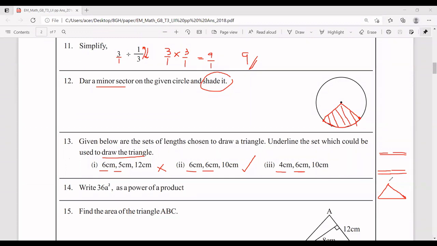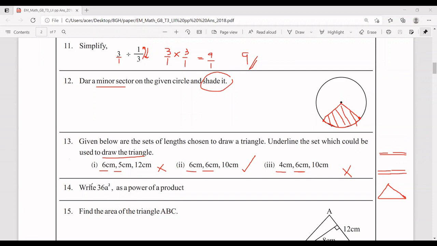That is like this example: the two smaller values overlap on the bigger line, but you can't form a triangle this way. So that is also not a triangle. To make a triangle, the two smaller values should be greater than the bigger value. So what is the correct answer? The second answer is the correct one.